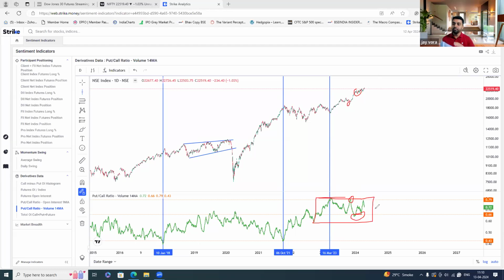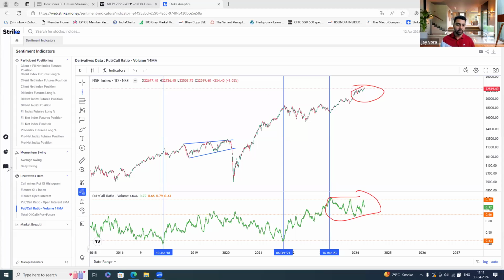But if a very significant long-term top has to occur, okay, then ideally we would end up seeing this ratio also going to 0.43. But now the other way to look at it is that this ratio is at elevated levels despite the market rising higher because there could be skepticism amongst the people that, given that there are so many geopolitical risks, they may want to hedge the portfolio, and that's where the volume for the put is picking up a lot.